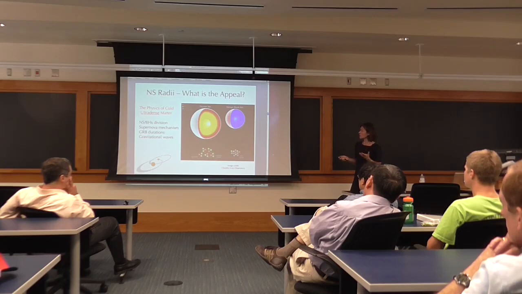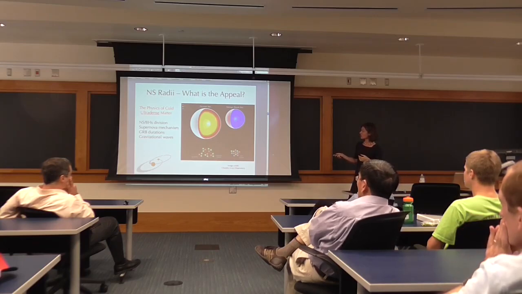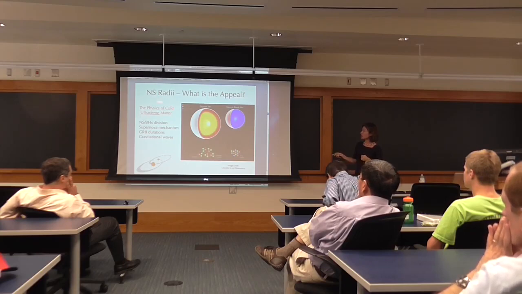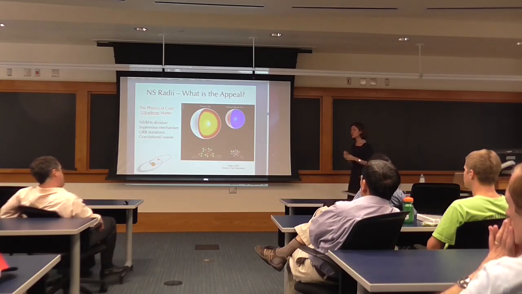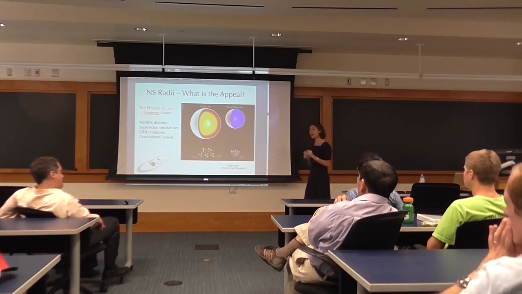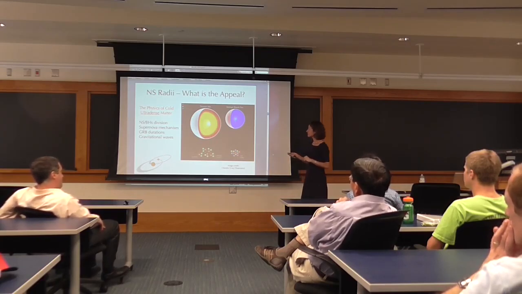So, how are we going to measure the properties of the interiors? How are we going to get at the physics of cold ultradense matter? What I'm going to show you is that measuring the radii is the best way to do this.